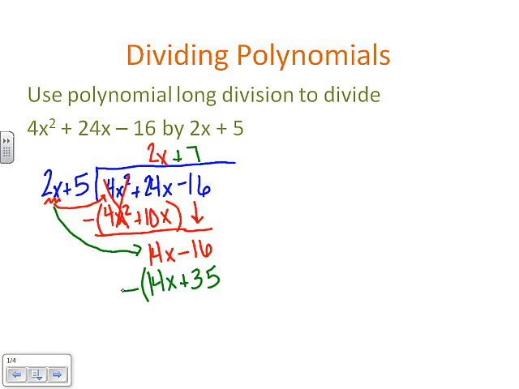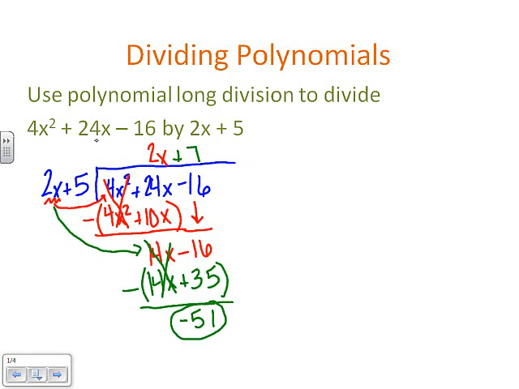Then once again we subtract this, and it cancels out that first term again, which is always your goal, is to cancel out that first term. Then we do negative 16 minus 35, which is going to make a negative 51. This is our remainder.